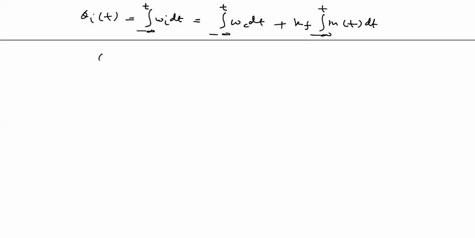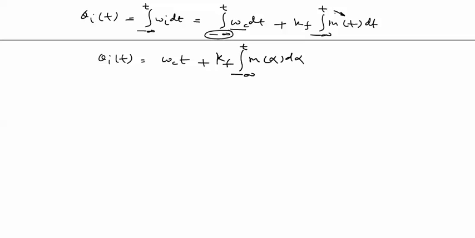Solving further, we get omega c t, because omega c is constant and all values start at 0, plus kf times the integral from minus infinity to t of m(alpha) d alpha. Since the limits are the same, we change the variable.